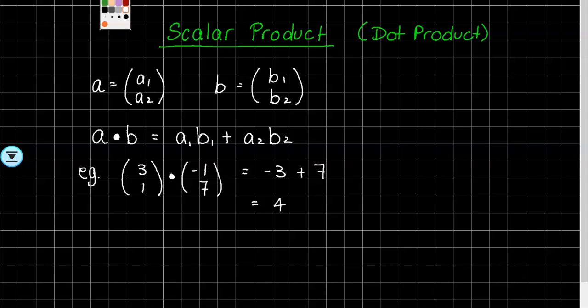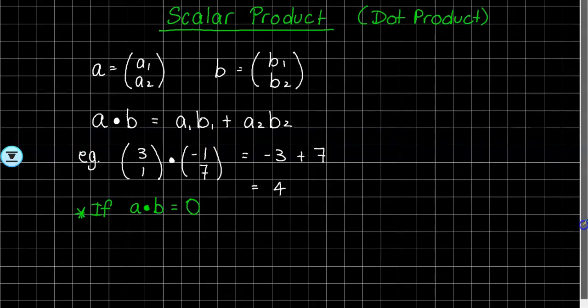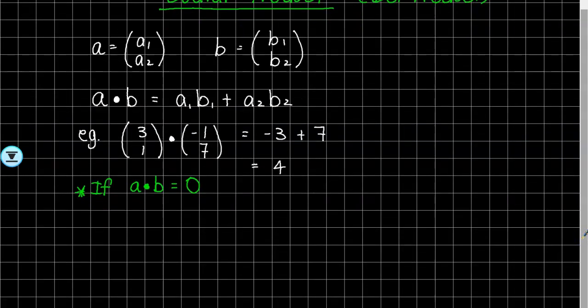And here comes the bit that you want to realise. When I have two vectors and A dotted with B equals 0, no other value, but if it equals 0, that tells us something astonishing: that A is perpendicular to B. So if the dot product of two vectors equals 0, they are perpendicular.